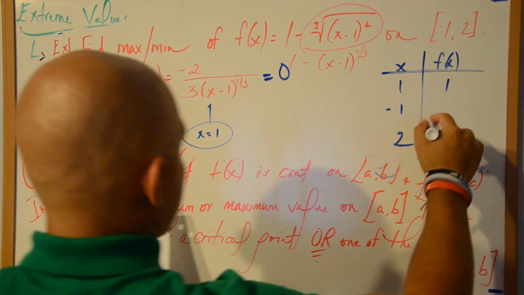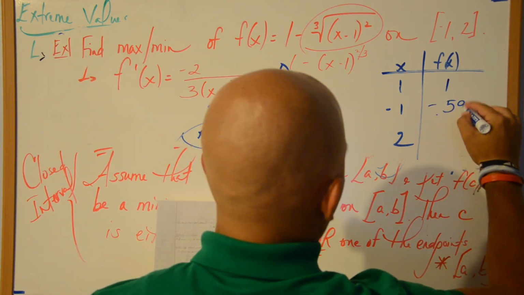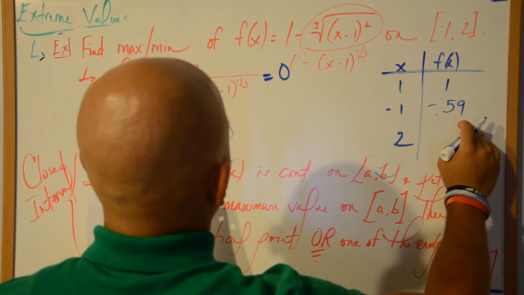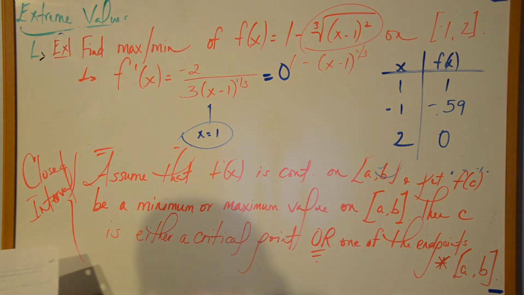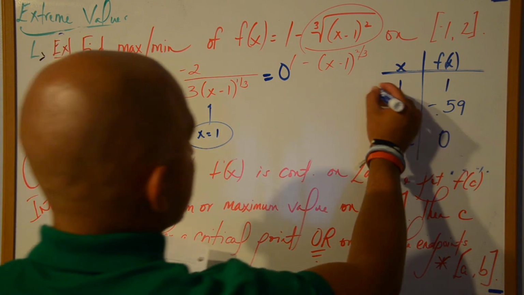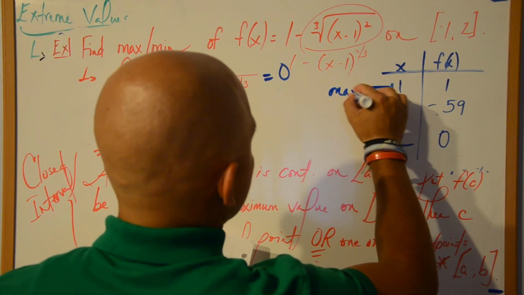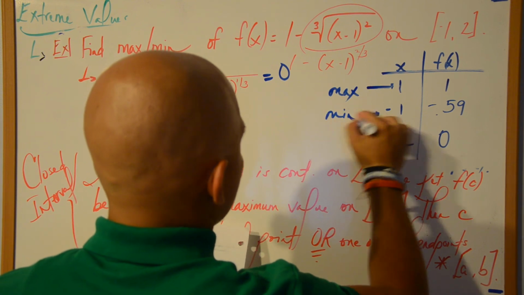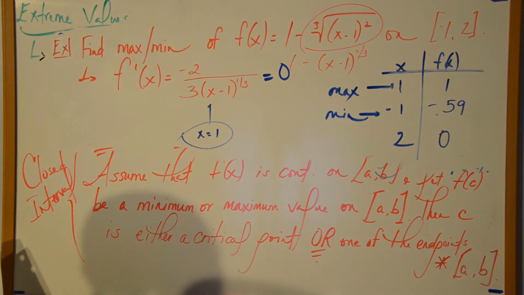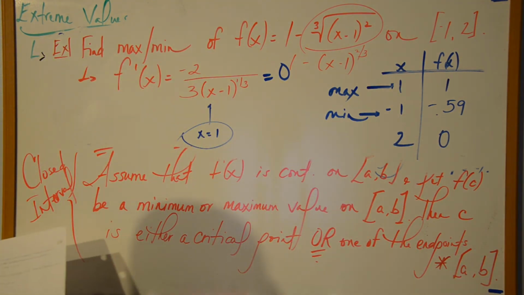When x is negative 1, f of x is negative 0.59. And when x is 2, f of x is 0. So we can clearly see that we have a maximum value at 1 and a minimum value at 2.